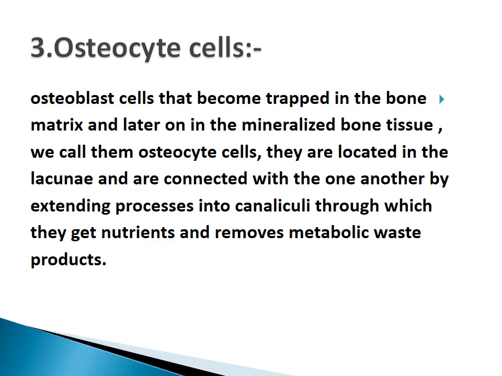The last type of cells found in the bone is called osteocyte cells. These are osteoblast cells that become trapped in the bone matrix and later on the mineralized bone tissue. We call them osteocyte cells. They are located in the lacunae and are connected with one another by extending processes into canaliculi, through which they get nutrients and remove metabolic waste products.